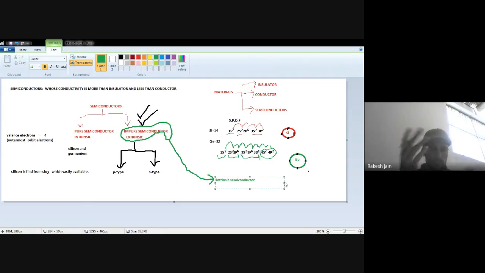That is your impurity, for example, but it will make a tasty vegetable. So some impurity will be mixed. I will give you examples of which kind of impurity. Then as a result we will find an extrinsic semiconductor.